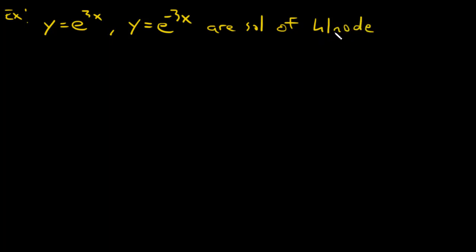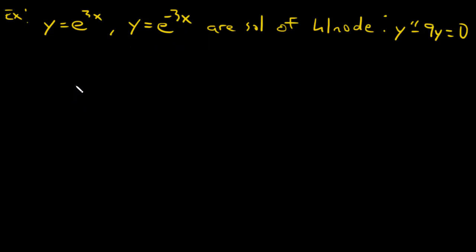In this case, it's going to be an HL2-ode since it's a second order. But y double prime minus 9y equals 0. It's homogeneous. It's second order. Two solutions. Okay? If we want to verify that they are linearly independent, we can do that. I can look at them and tell there's no way I'm making e to the 3x out of the e to the negative 3x and vice versa.